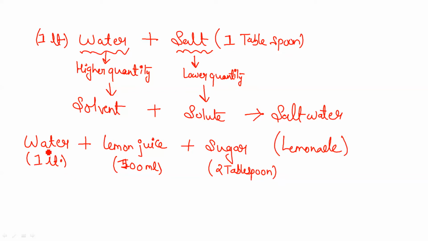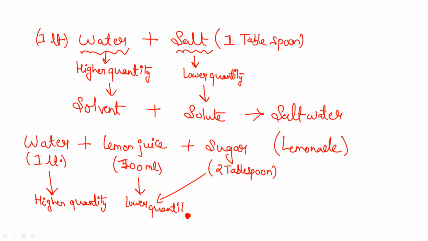Here you can see three components are included to form this solution, so this is a ternary solution. The amount of water is larger here, while both the sugar and lemon juice are present in lower quantity.